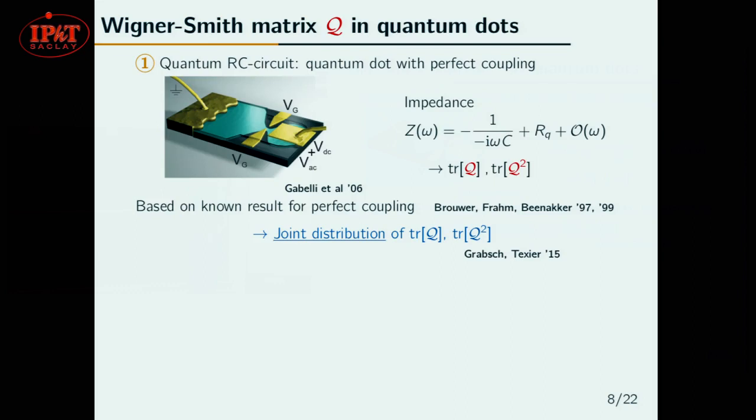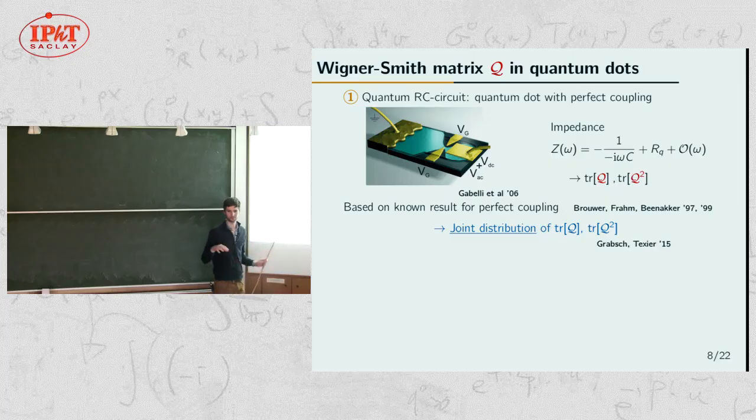So it's the distribution of the Wigner-Smith matrix that we start here from, that we take from them. We assume the distribution of Q. Yes. Well, no, they have proved it at the end of the 90s. Yes, exactly.